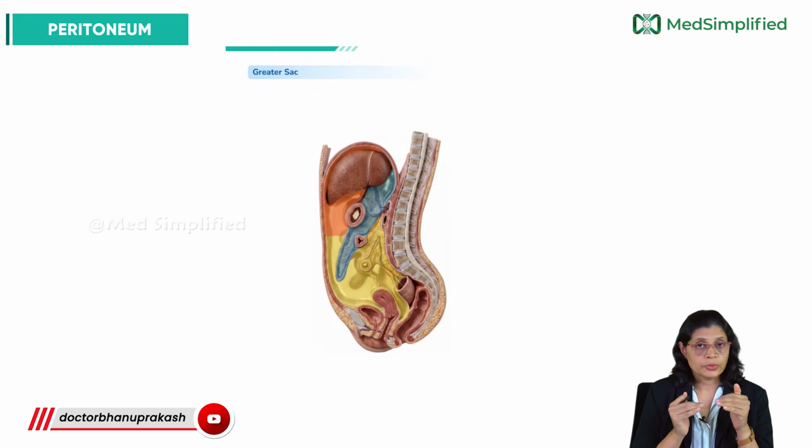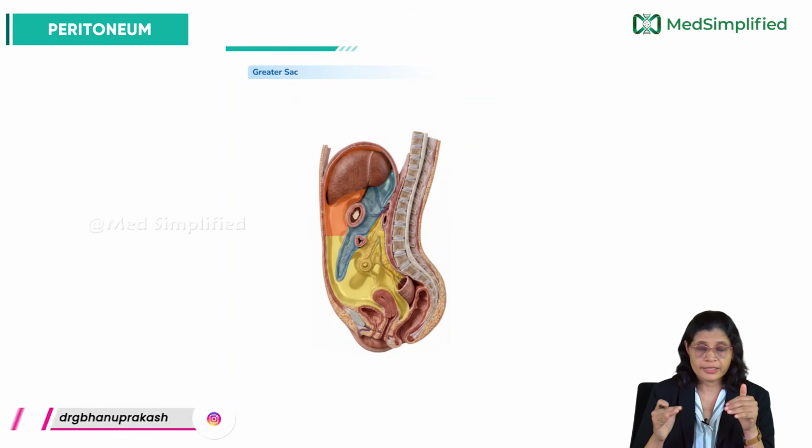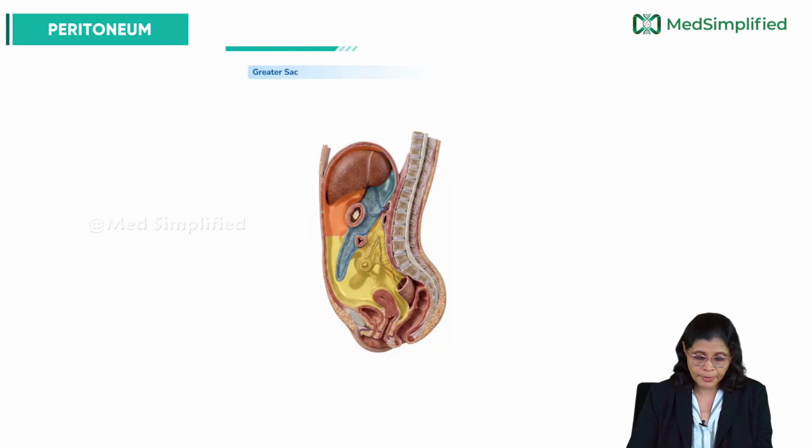The greater sac cavity is divided into a supracolic and infracolic compartment by the attachment of the transverse mesocolon, the mesentery of the transverse colon. Above the attachment is the supracolic compartment, and below the attachment of the transverse mesocolon and transverse colon we have the infracolic compartment.